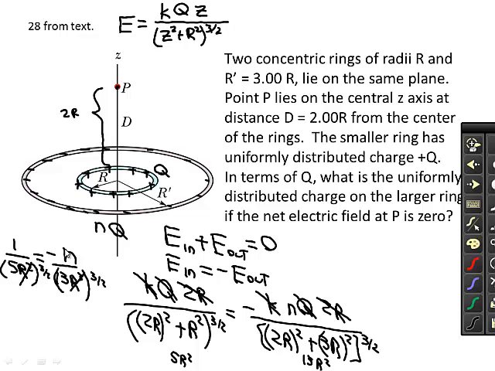So when we're done, we've got 13 to the 3/2 over 5 to the 3/2, negative, equals N. And so if you punch that out, take 13/5 and raise it to the 3/2 power, you get like negative 4.19. So N equals negative 4.19. So the outer ring is just slightly more than 4 times the charge of the inner ring, and it's negative.